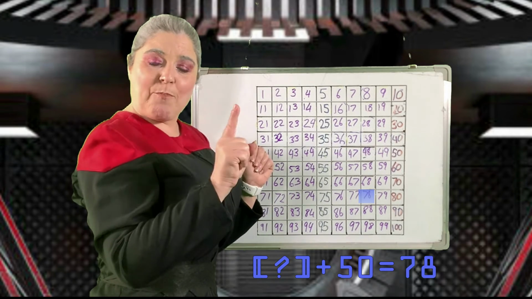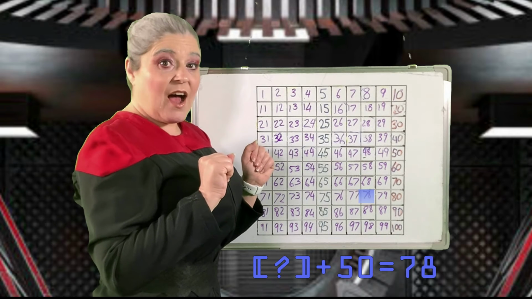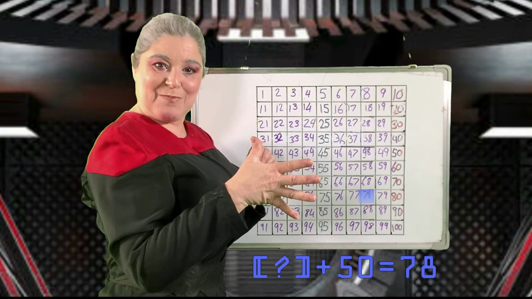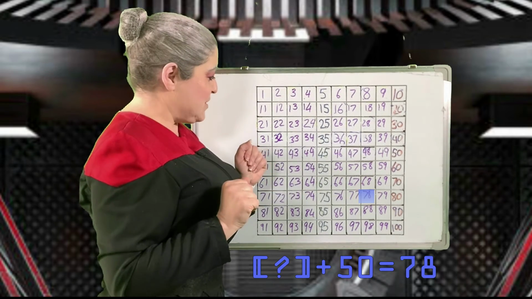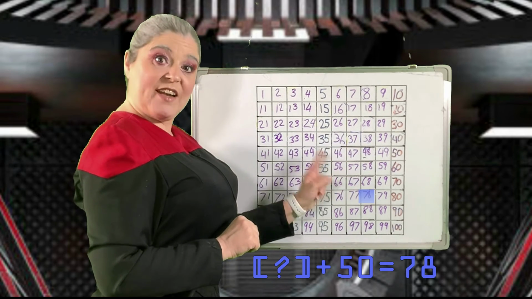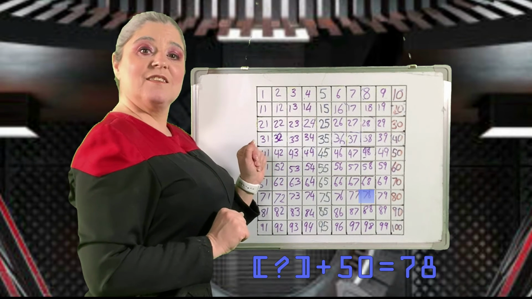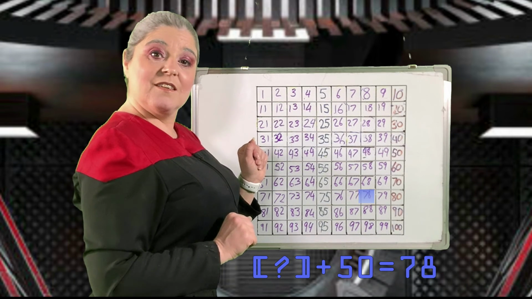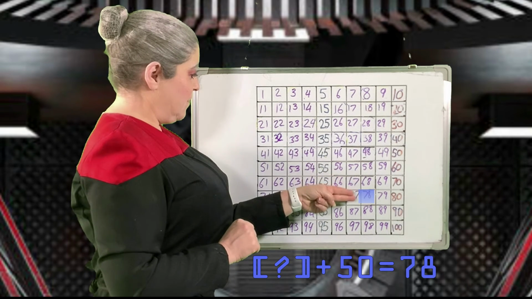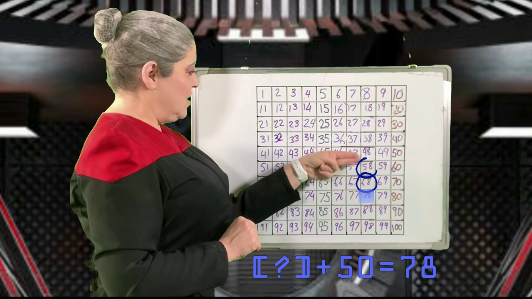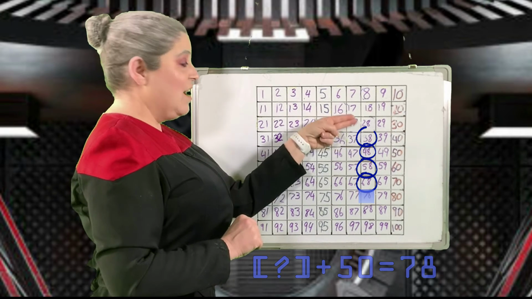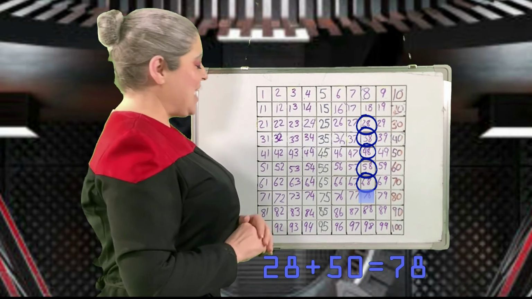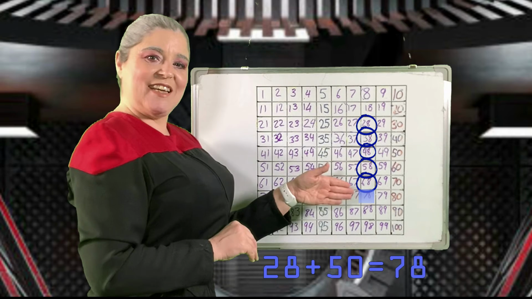Yes, we're going to move up the number square. How many spaces? 5 spaces, because we have 5 multiples of 10. Go ahead and do that. Good. 1, 2, 3, 4, 5. 28 plus 50 is 78.